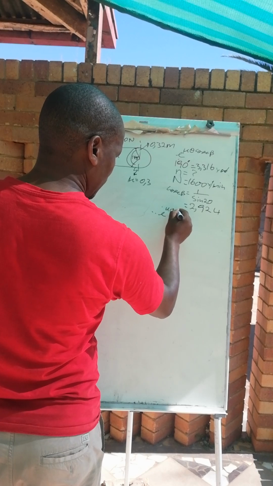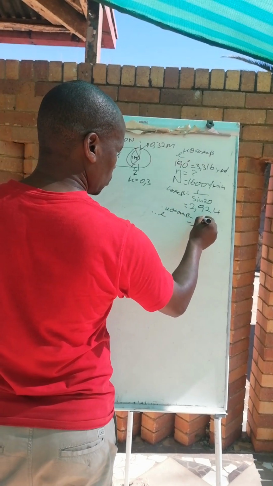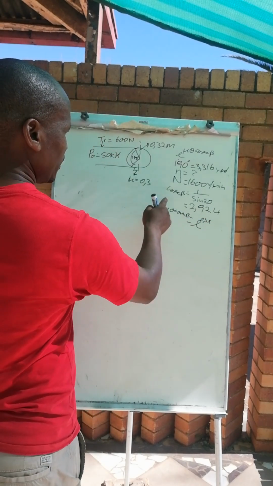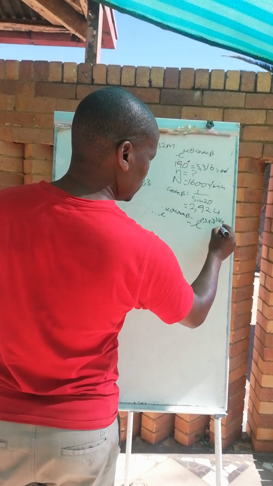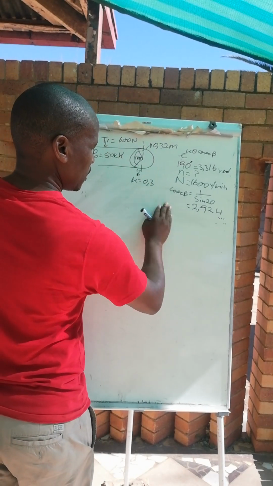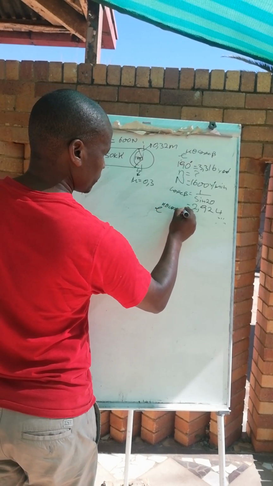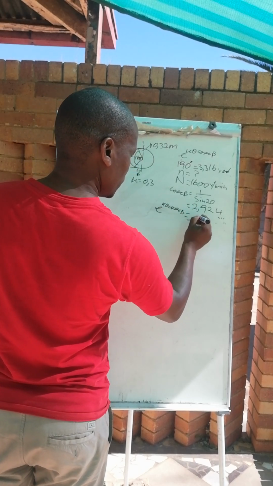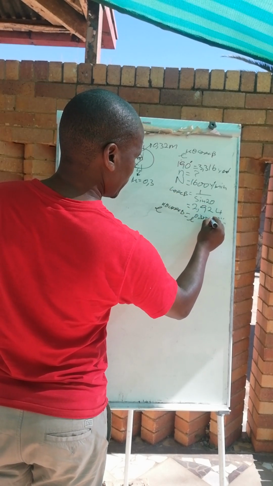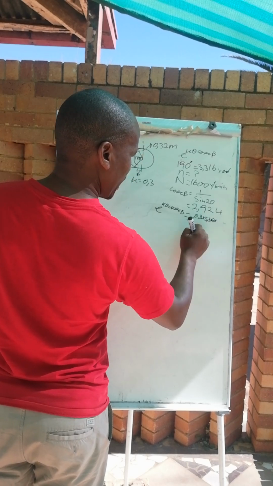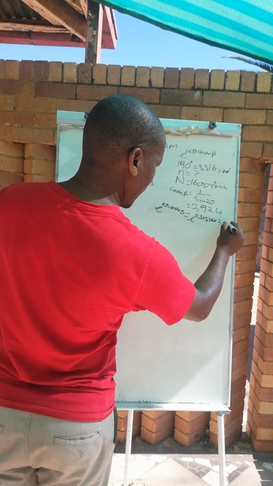Therefore, e to the power of mu theta cosec beta is equal to e to the power of 0.3, the coefficient of friction, multiplied by theta in radians, 3.316, multiplied by cosec beta, which was calculated and found to be 2.924.